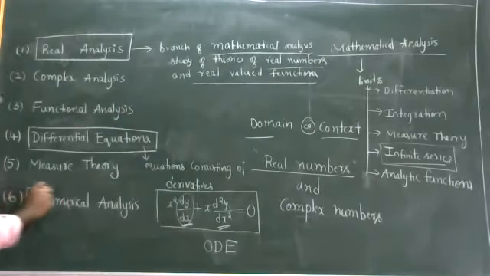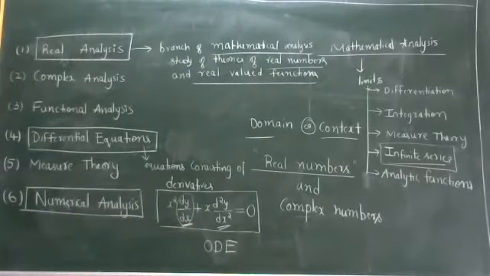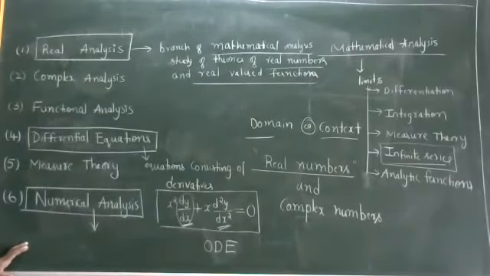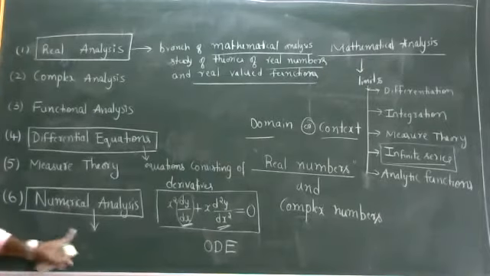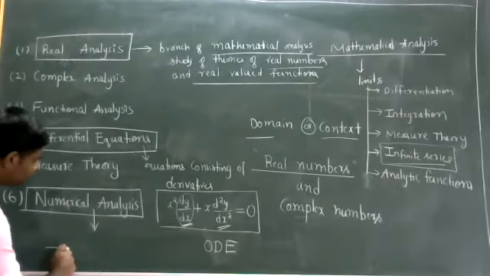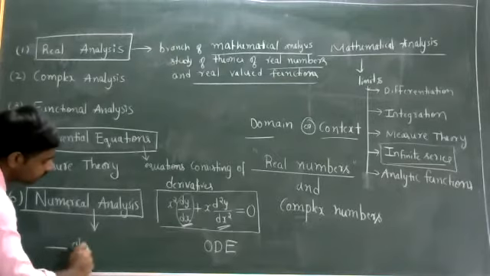Then we come to this sub branch, which is numerical analysis. So numerical analysis is also a sub branch of mathematical analysis, which deals with the study of methods which give approximate values. So it is a branch which deals with the algorithms.